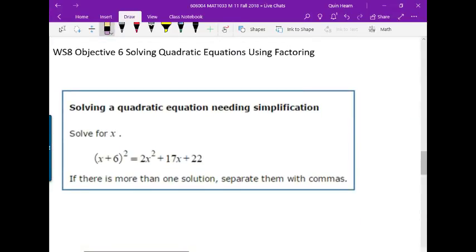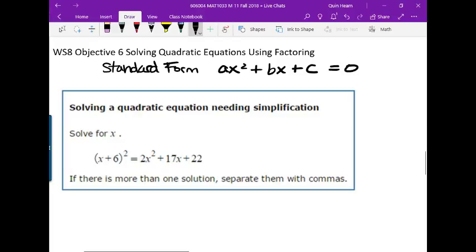All right, here's another example from Alex. It says solving a quadratic equation needing simplification. So remember, the standard form of a quadratic equation looks like ax squared plus bx plus c equals 0.